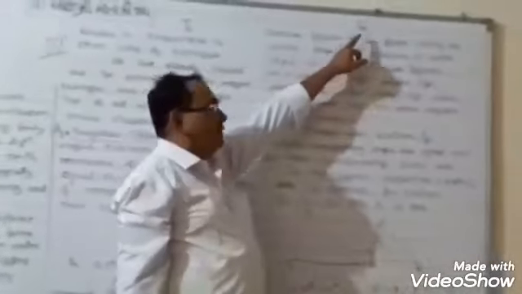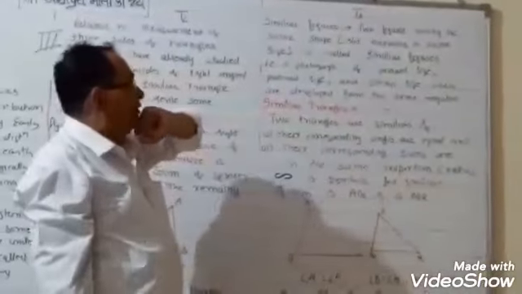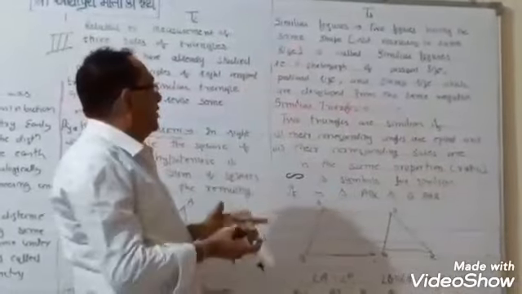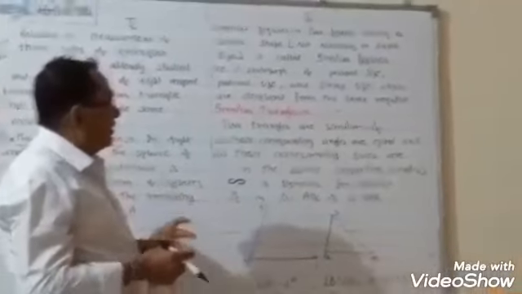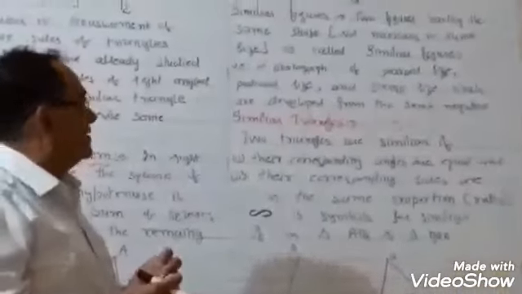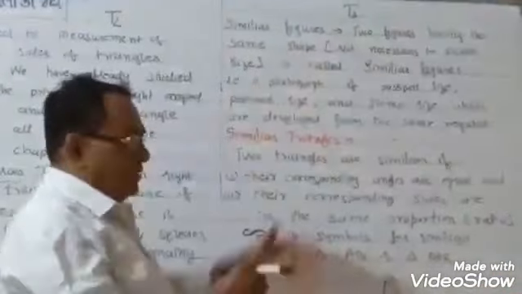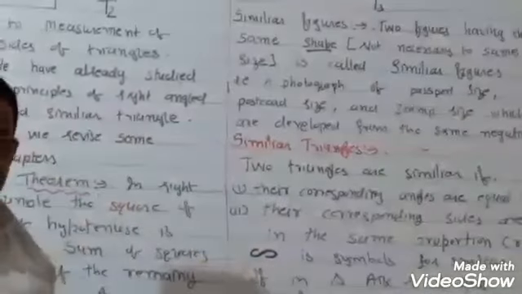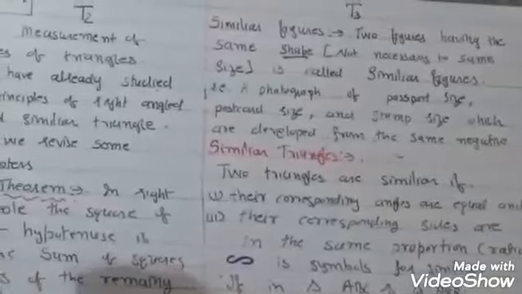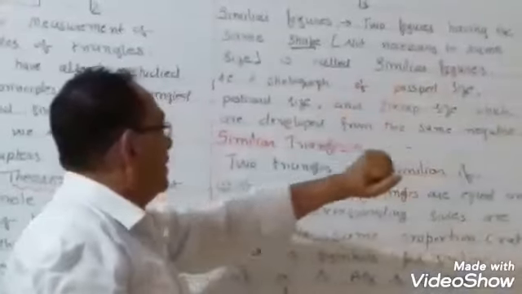Now similar figures, that is your T3, page number T3. Two figures having the same shape, not necessarily the same size, with the same proportions, are called similar figures.